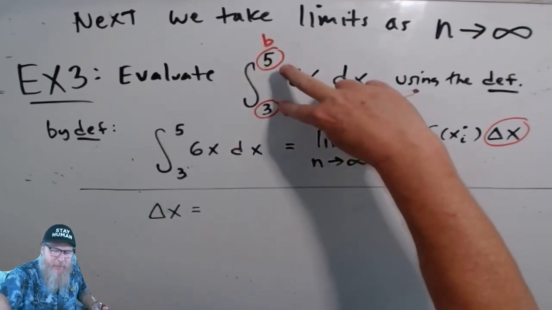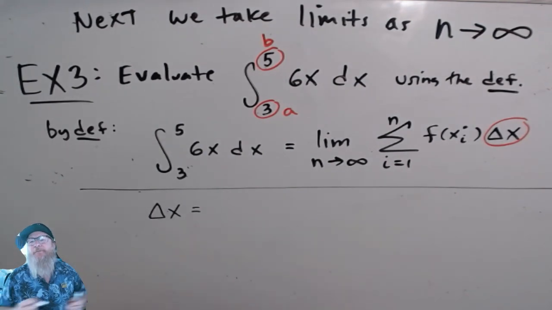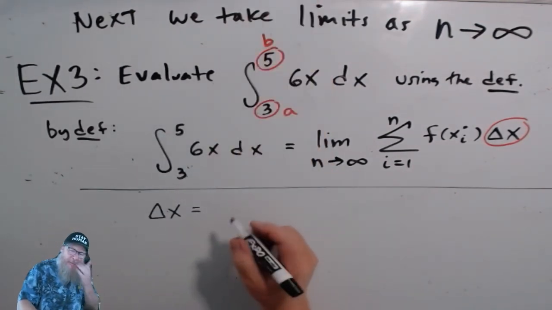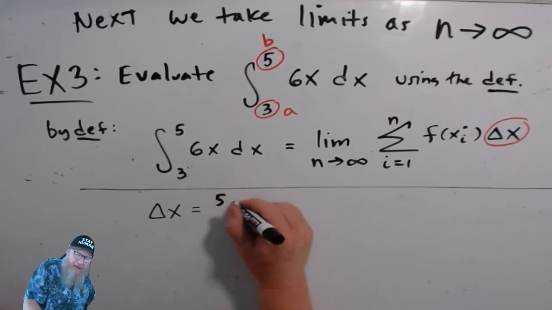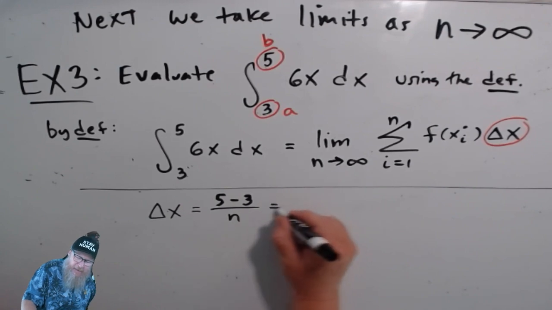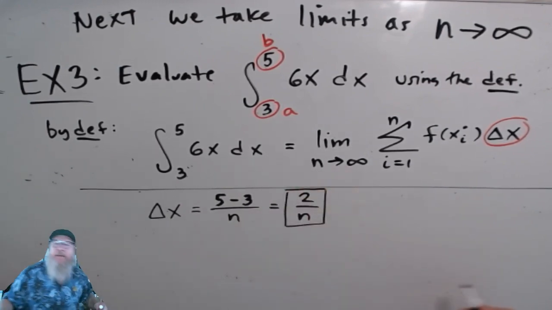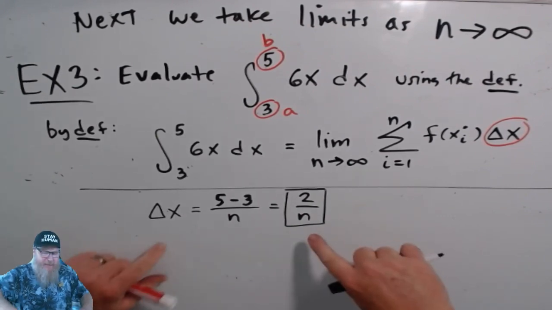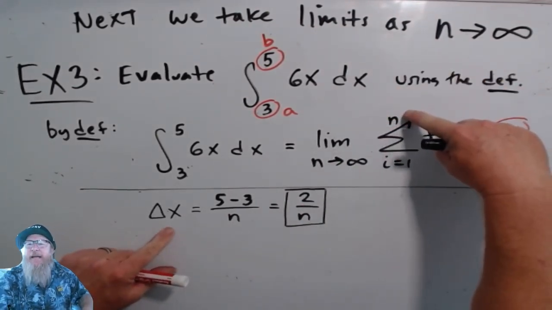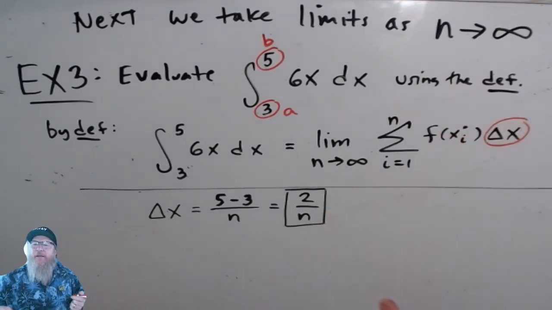It's usually pretty obvious. a is the smaller of the two numbers, so it goes from bottom to top. So we're going to say b minus a, 5 minus 3 over n. So there's my delta x. Notice, because we have not committed a value to n, it's a variable, right? The answer includes the letter n.